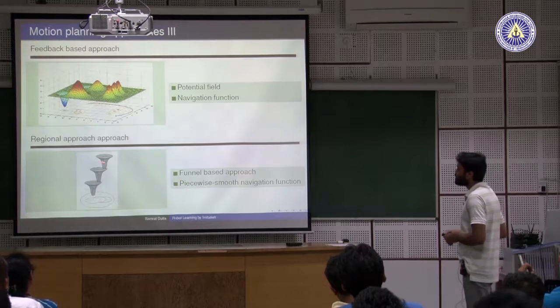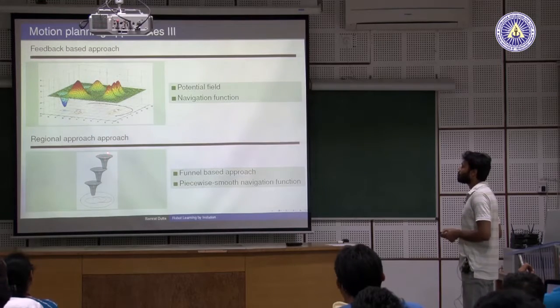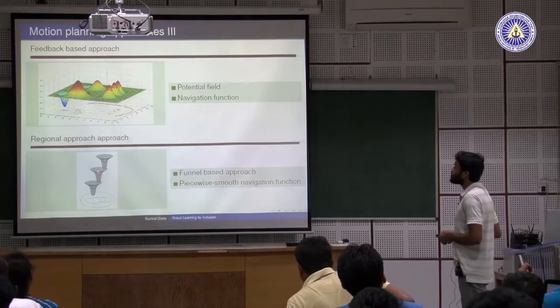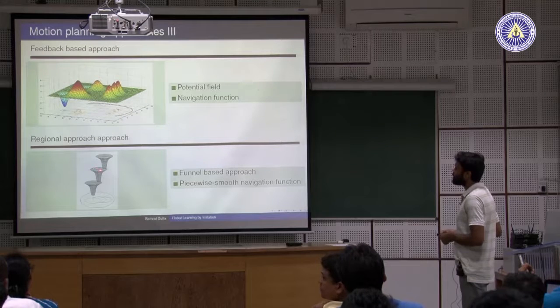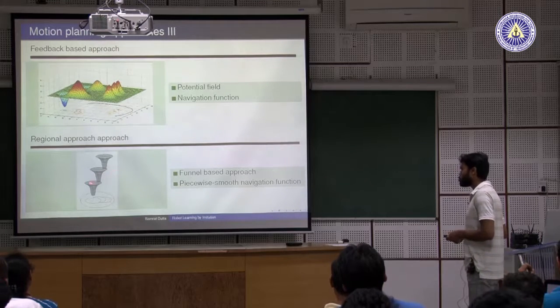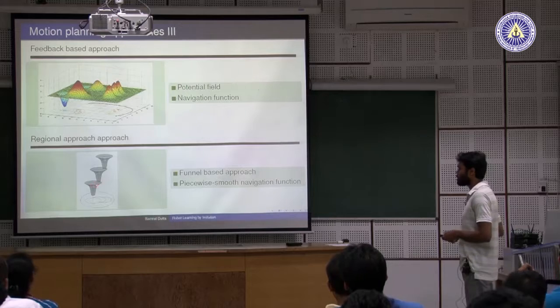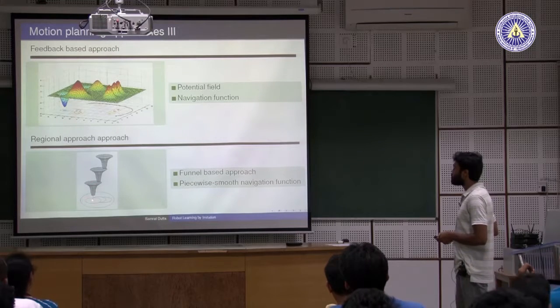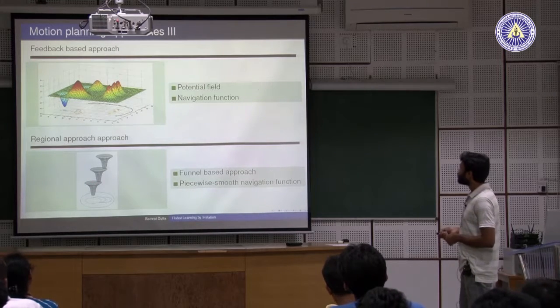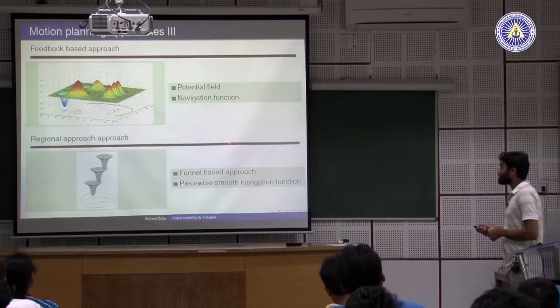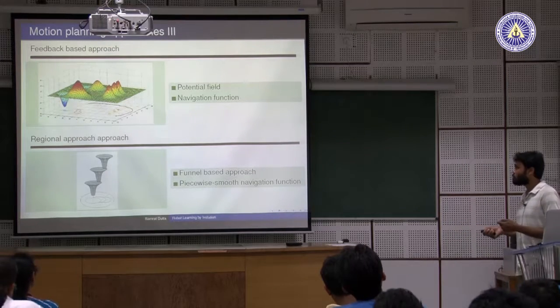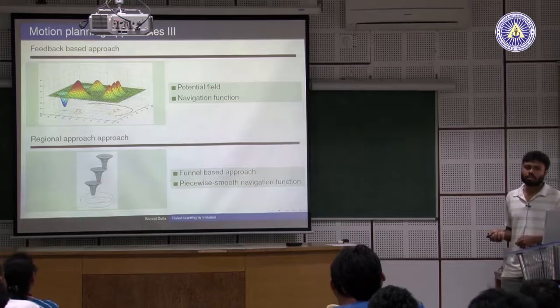Our motion starts here, and due to this funnel-like function, the motion reaches here, then another funnel starts, and it also pushes the trajectory towards the end of it. Eventually it reaches the goal, and so these are the approaches which took care of feedback from the environment.